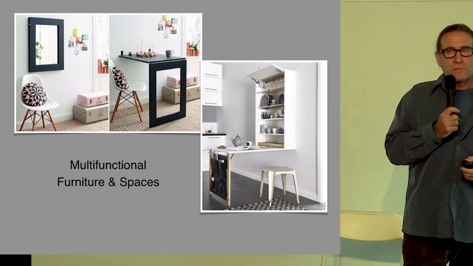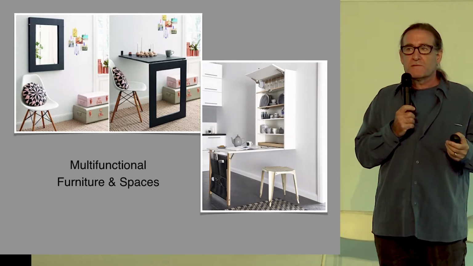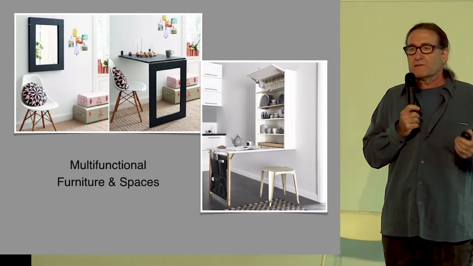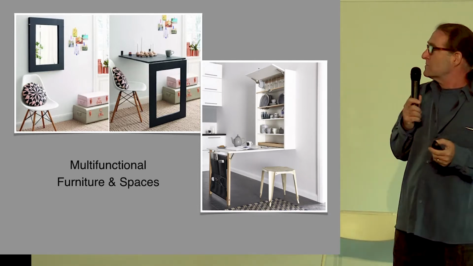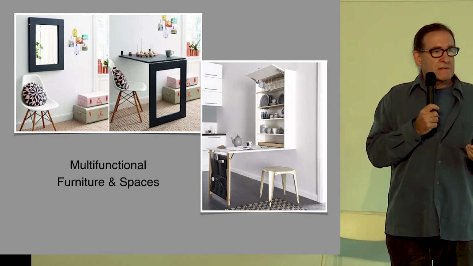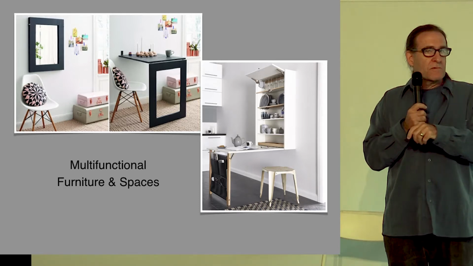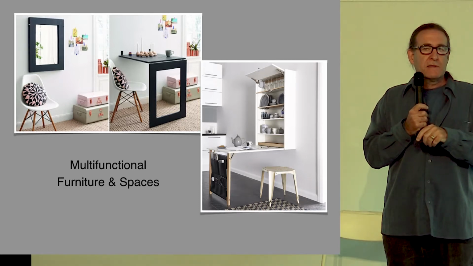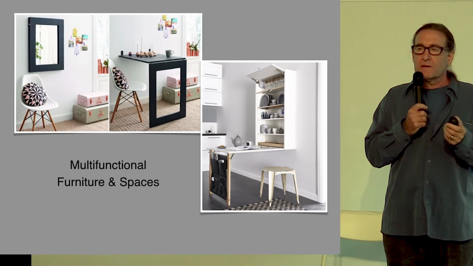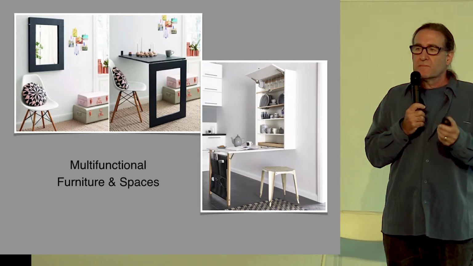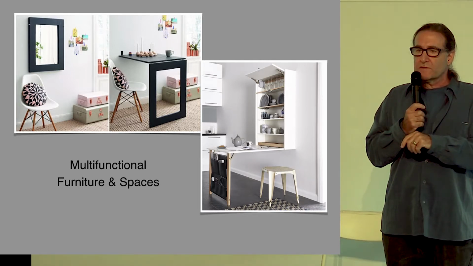So we also want to do multifunctional in terms of our furniture, the spaces themselves. A couple of examples of folding tables, one with the mirror in the upper left. The frame of the mirror actually becomes the support for the table.